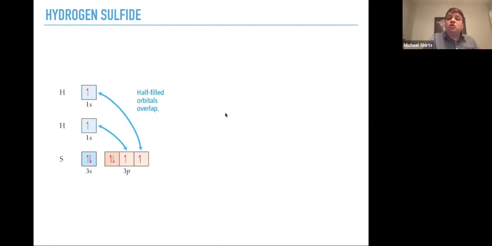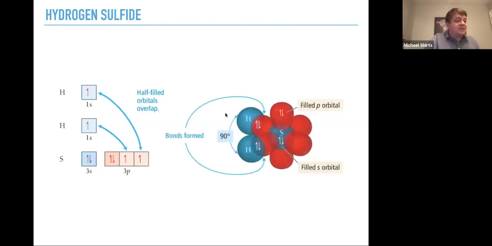Now with the p orbitals, 1 p orbital stays out of it, it's already full, but the other 2 p orbitals donate their electrons as well, and you get something like this. Because 2 of the p orbitals are involved, you would have 2 H atoms forming about a 90-degree bond between them. And again, these are approximations to Schrödinger's equation, but this ends up being a pretty good description of what's happening in hydrogen sulfide.